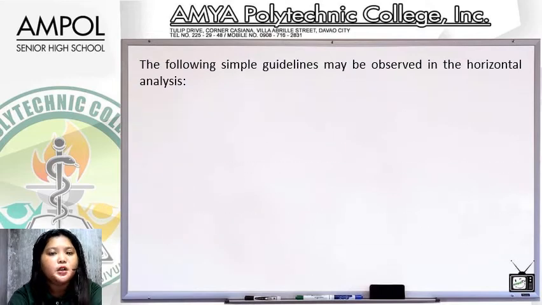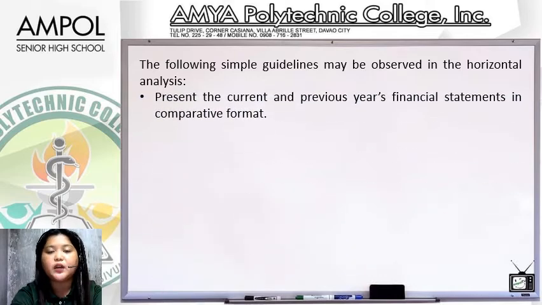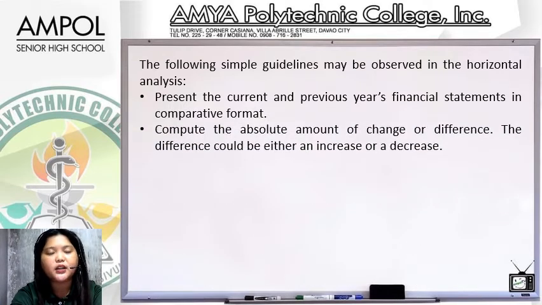Okay. We have here the following simple guidelines that may be observed in horizontal analysis. The first is to present the current and the previous year's financial statements in comparative format. The second is to compute the absolute amount of change or difference, which could be either an increase or a decrease.